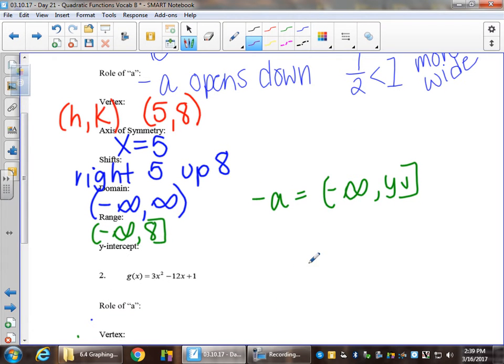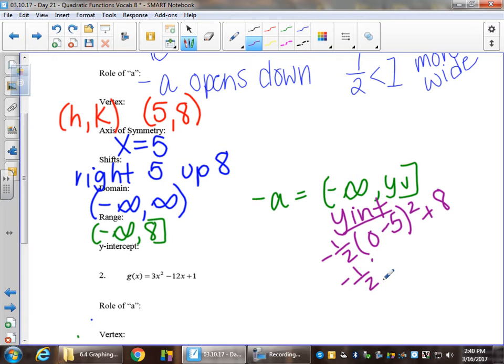In order to find our y-intercept, we have to substitute 0 in for x. So we're going to have negative 1/2 times 0 minus 5 squared plus 8. Negative 1/2 times negative 5 squared plus 8.